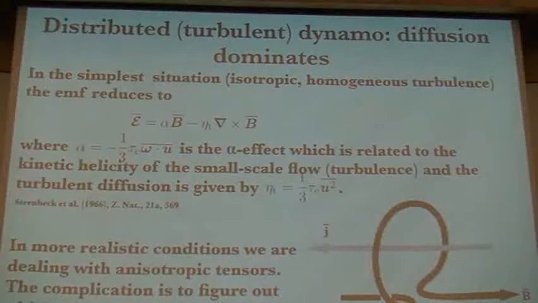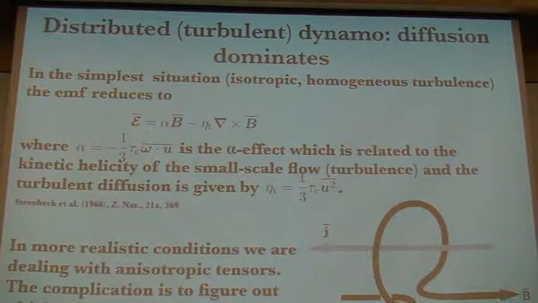This equation here is very nice with these two coefficients. But we know that in the Sun, the turbulence is not isotropic and homogeneous. So we end up with a bunch of other terms. In fact, we have to take the tensorial formulation of these two coefficients, which brings us a huge number of different coefficients and different effects.